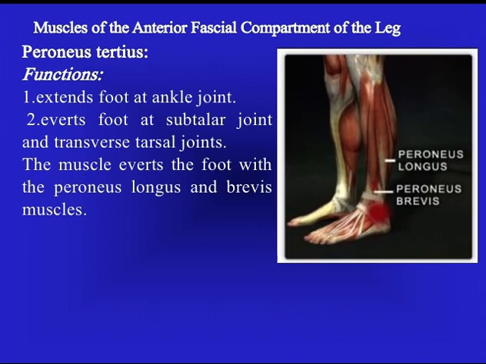Function: extends foot at the ankle joint, and everts foot at the subtalar joint and transverse tarsal joint. So it plays a role in extension of the ankle and foot and eversion of the foot. The muscle everts the foot with the peroneus longus and brevis muscles.